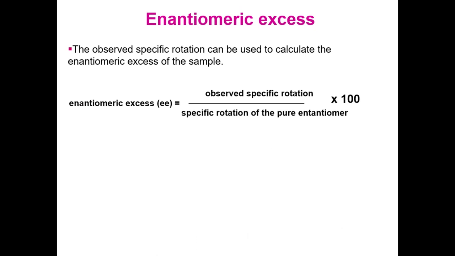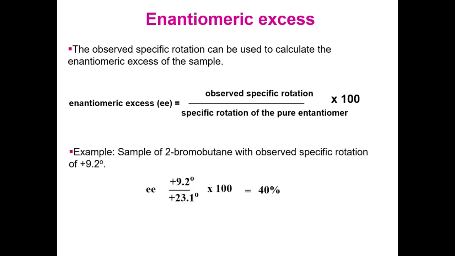The observed specific rotation can be used to calculate the enantiomeric excess of the sample. To calculate it, you take the observed specific rotation divided by the specific rotation of the pure enantiomer, multiplied by 100. For example, we have a sample of 2-bromobutane.